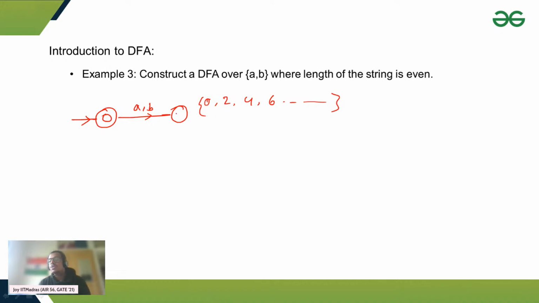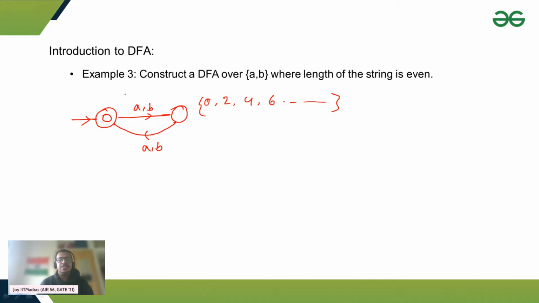So this is one non-accepting state. From the non-accepting state, if we get another symbol, then we can tell that now our length of the string is even. Hence we'll come to the accepting state, one of the final states.